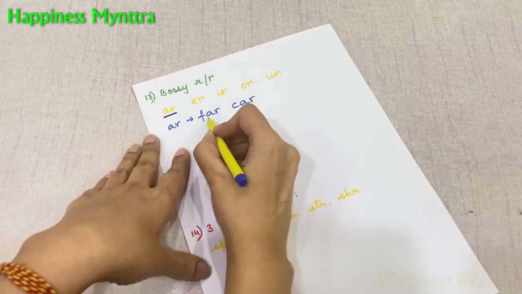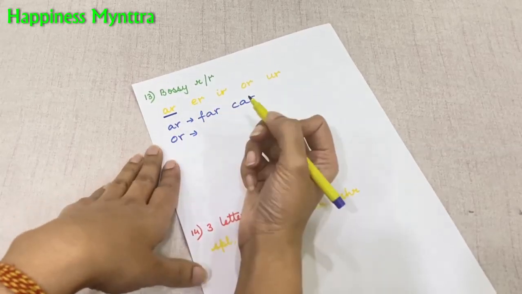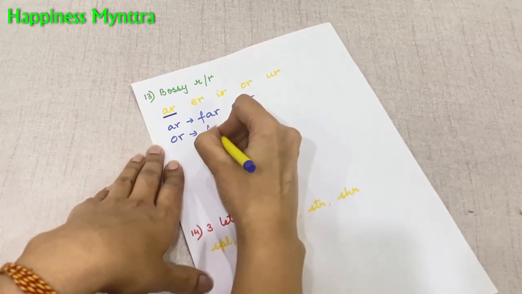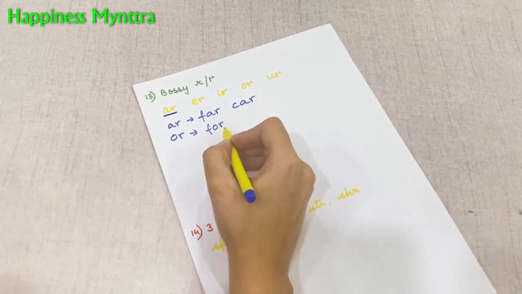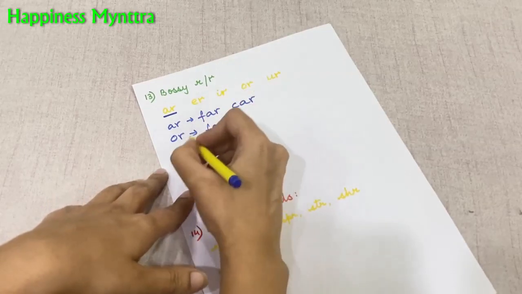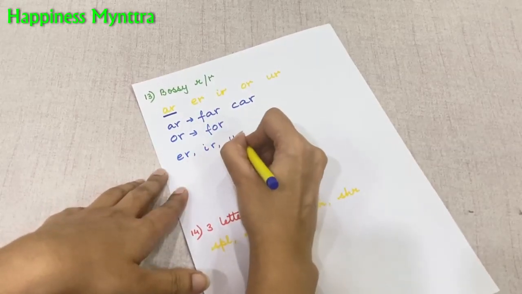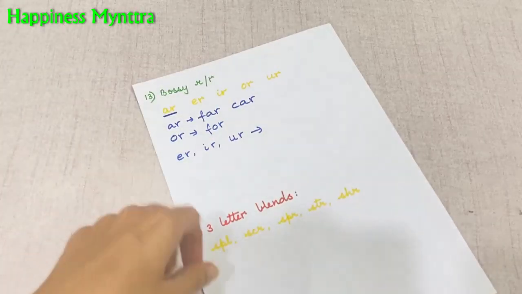So it is not 'air', it becomes 'ar'. Same goes for 'or', which is a word in itself, and we have words like for, which will have a simple sound of 'or'. But the other 3, which are 'er', 'ir', and 'ur', they all take the sound of the R.